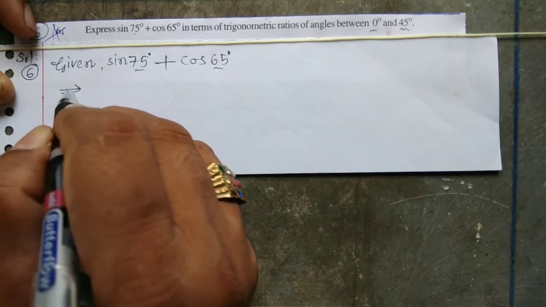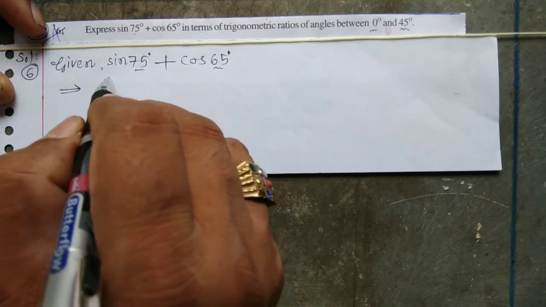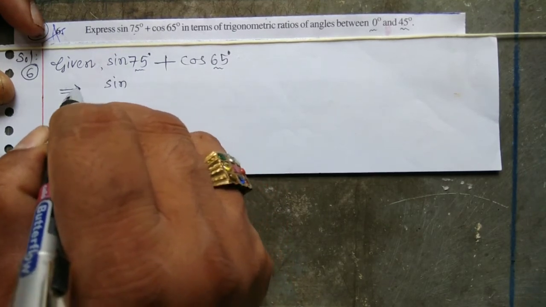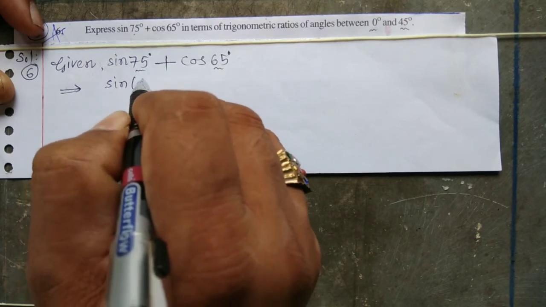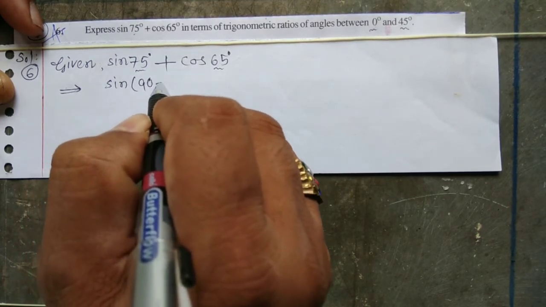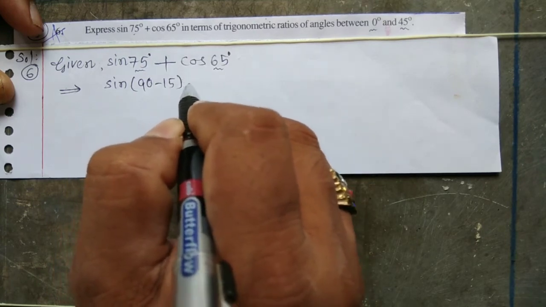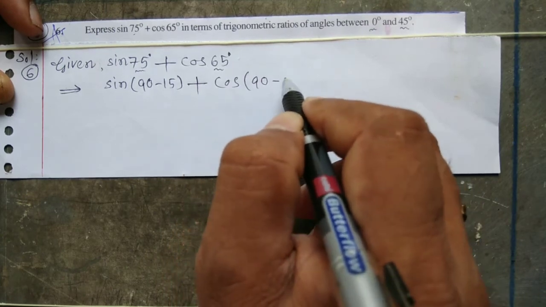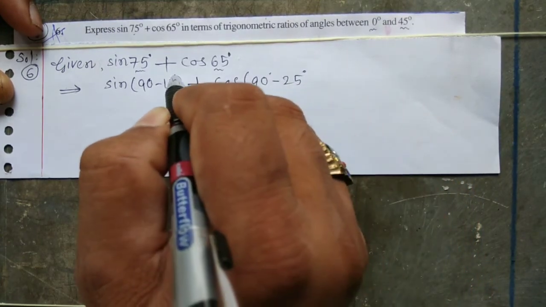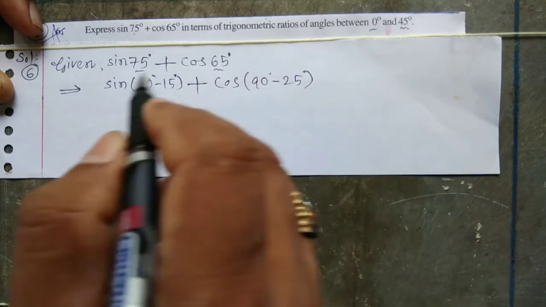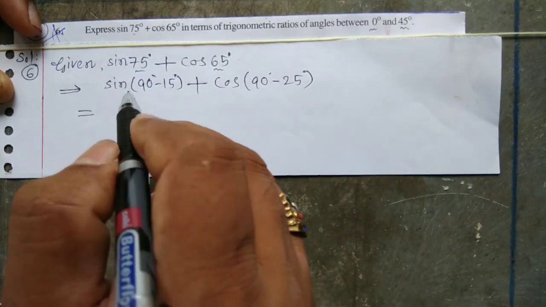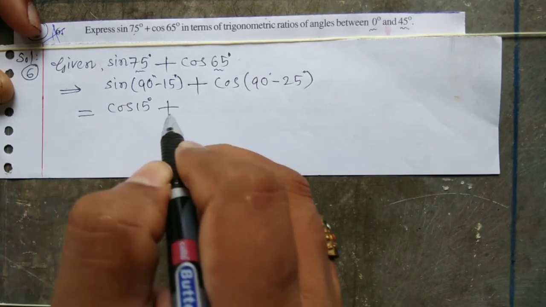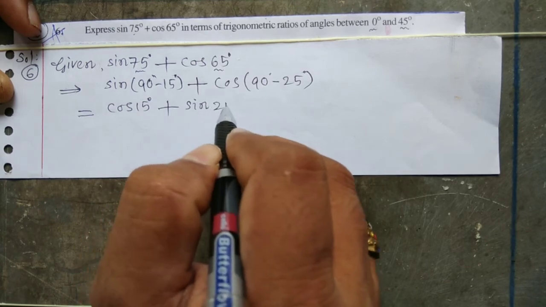Then we can write this sin 75 degree, sin 90 minus 15 degree plus cos 90 minus 25 degree, these are all degrees only, that is equal to cos 15 degree plus sin 25 degree.